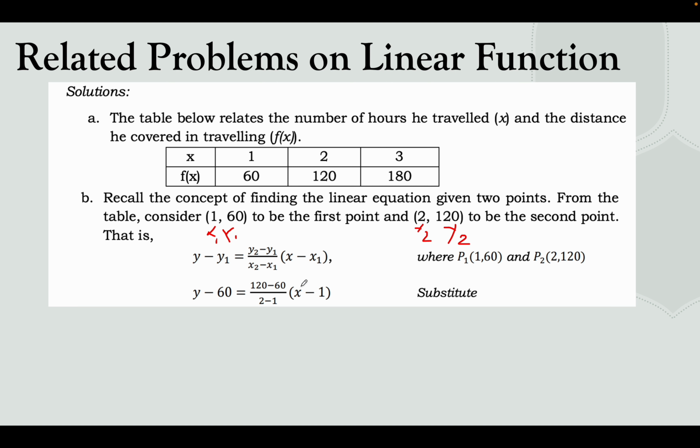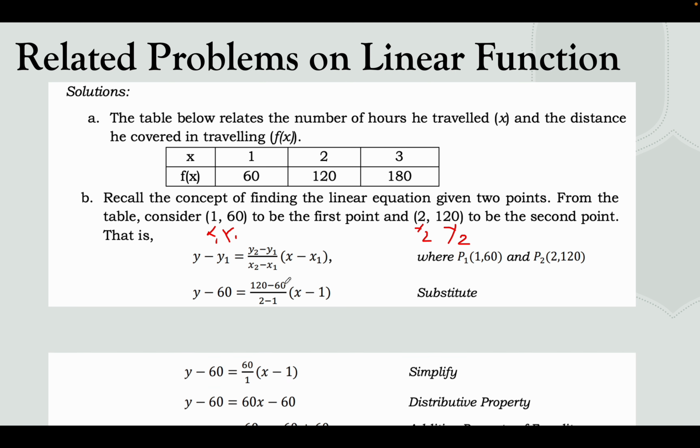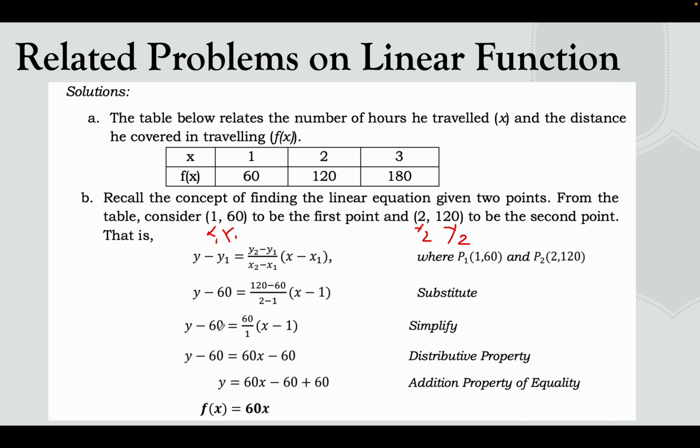So simplify. 120 minus 60, we have 60. 2 minus 1, we have 1. So we have now y minus 60 equals 60 over 1 times x minus 1. We need to distribute. 60 times x, 60x, 60 times negative 1, we have negative 60. So we have y minus 60 equals 60x minus 60.